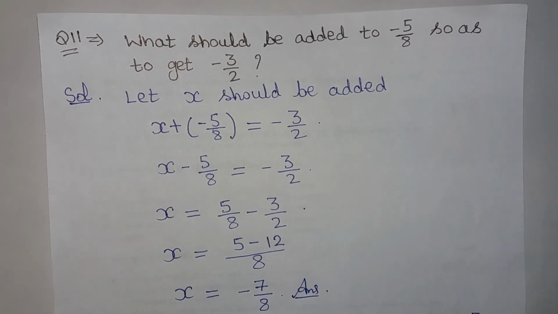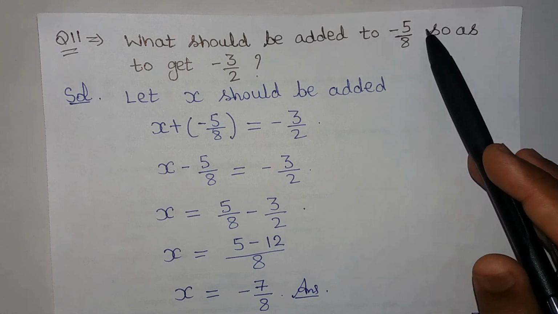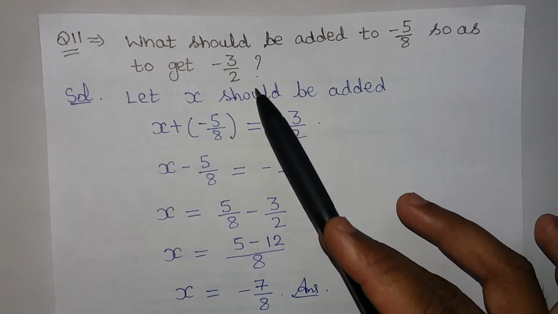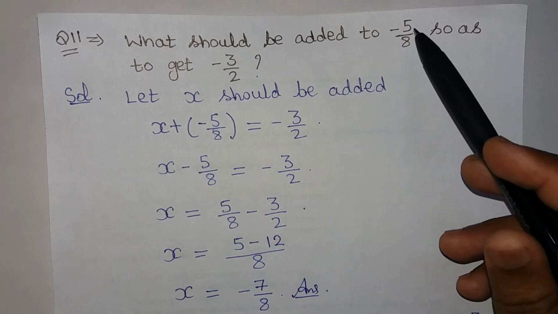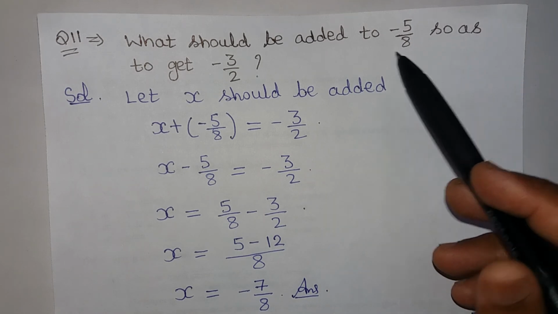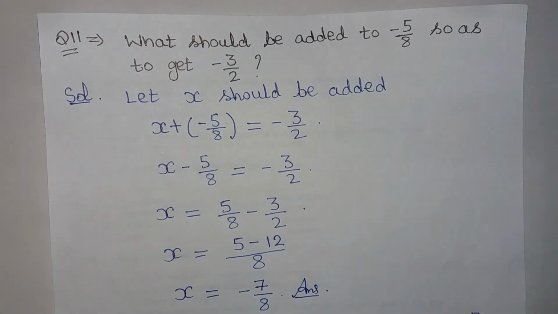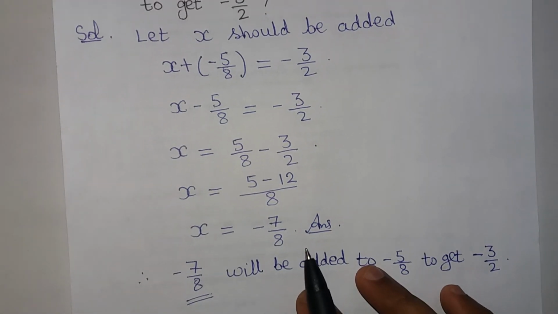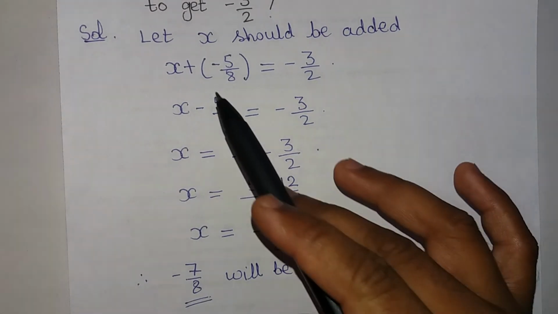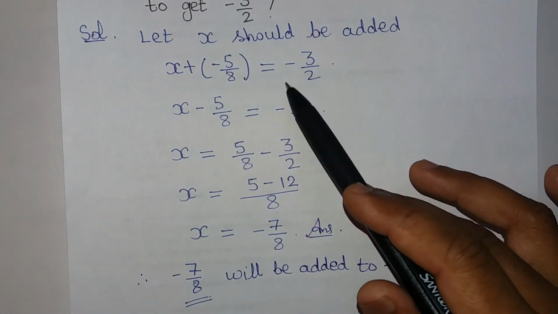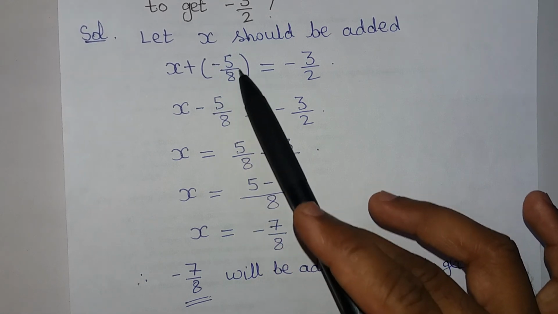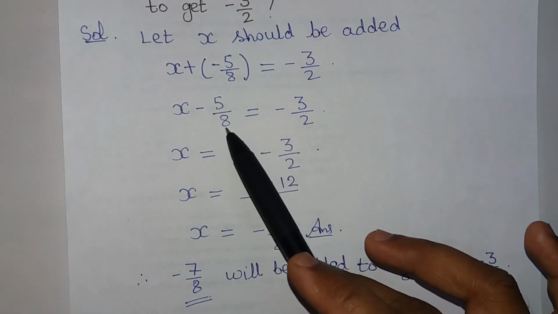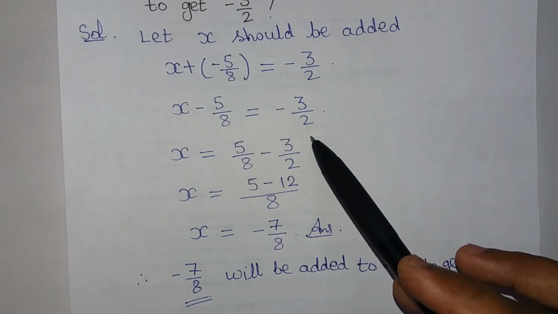Now see question number 11. Here, what should be added to minus 5 upon 8 so as to get minus 3 upon 2? That means which number we will add to minus 5 upon 8 to get minus 3 upon 2. So let x be added. So x plus minus 5 upon 8 equals minus 3 upon 2. So x minus 5 upon 8 equals minus 3 upon 2.